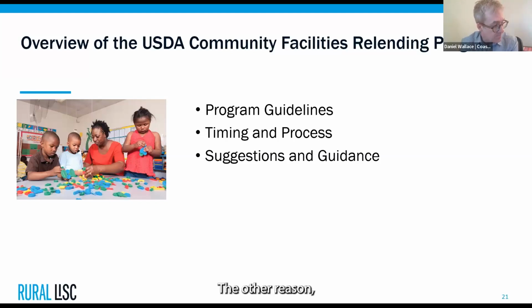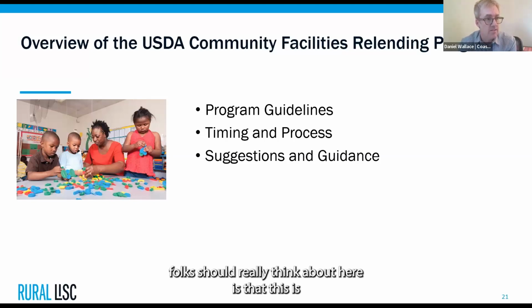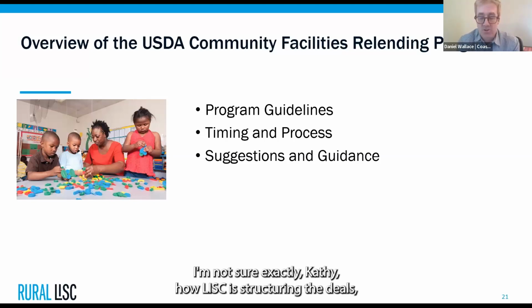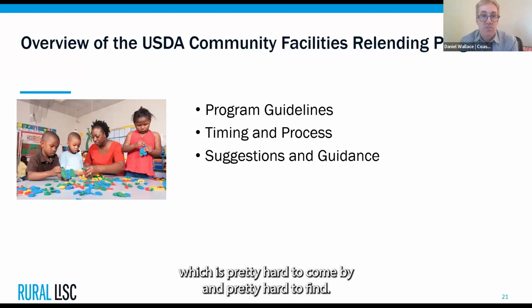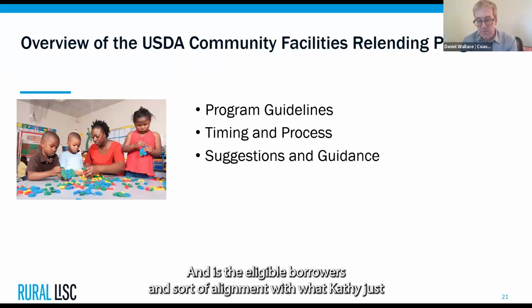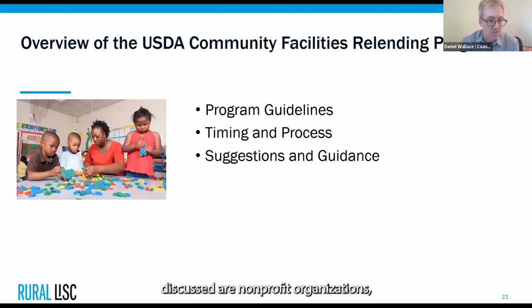The other highlight and thing folks should really think about here is that this is, I'm not sure exactly, Kathy, how LISC is structuring the deals, but it's potentially up to 30-year fixed rate financing, which is pretty hard to come by, and the eligible borrowers, in alignment with what Kathy just discussed, are nonprofit organizations, municipal entities, and tribal entities.